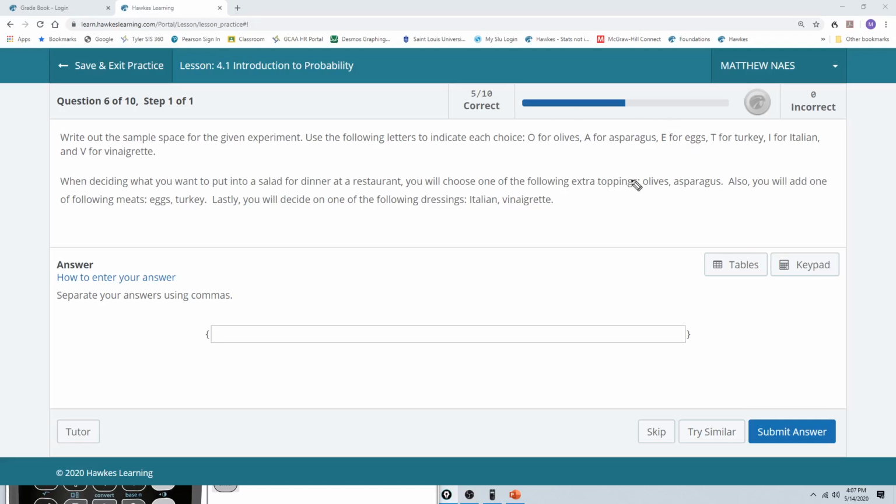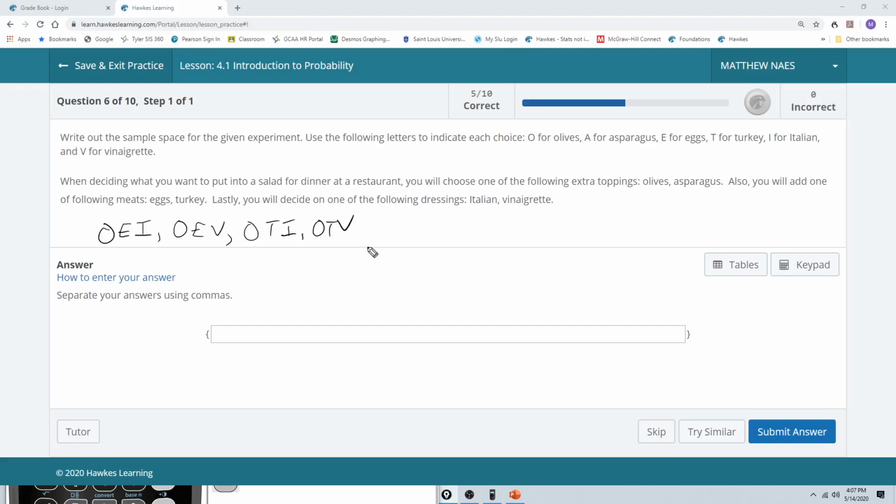So you could choose olives with eggs, and then lastly with Italian. And then we can choose olives with eggs with the vinaigrette. Or you can choose olives with turkey with Italian, or olives with turkey with the vinaigrette.